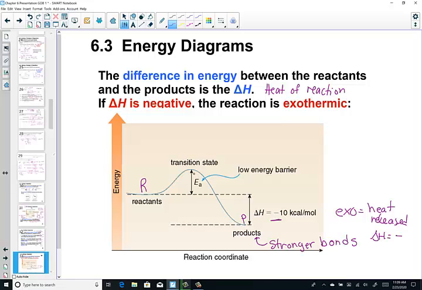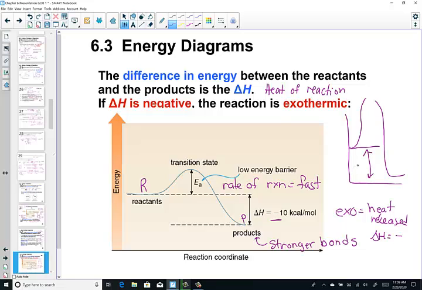I would also recognize that due to a low activation energy, the rate of reaction would be quite fast. Because see, I could have an exothermic process with a large energy barrier, still having just the difference here of -10 between reactants and products, but with a very large energy barrier, the kinetics would be very slow.